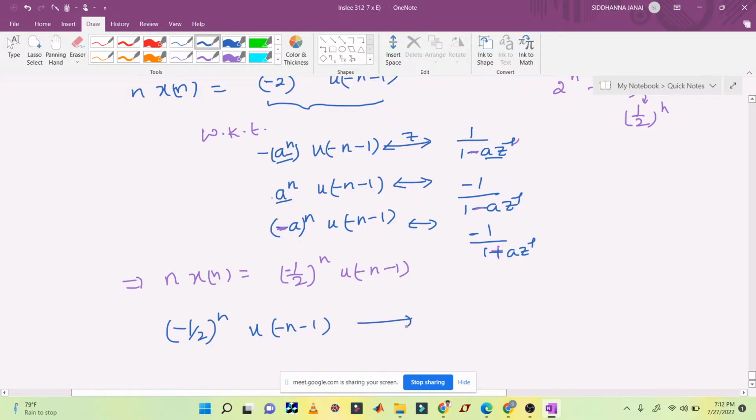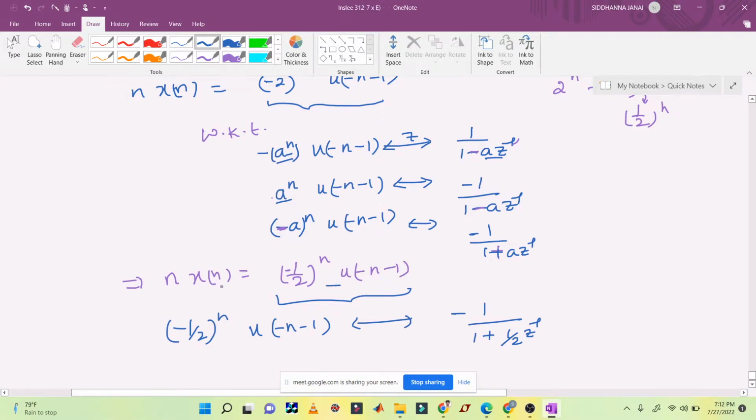For this, the z transform will be minus 1 divided by 1 plus 1 by 2 z inverse. Okay, this is the z transform for this one.